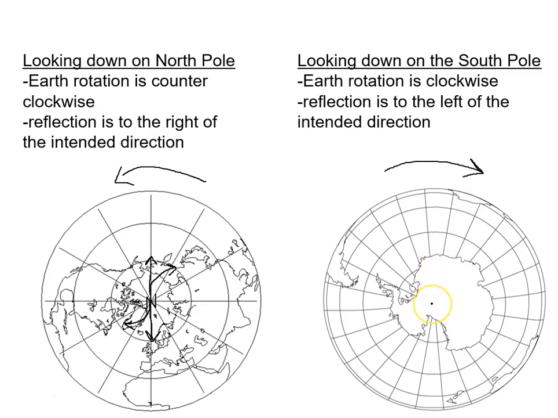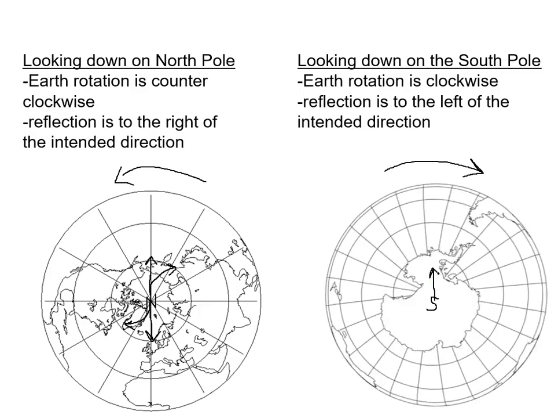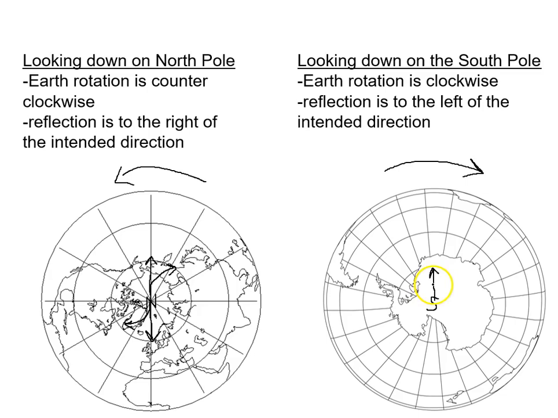Get another piece of paper, or write on the other side, and where the center is, put an S for South Pole. Again, draw an arrow straight from the South Pole to the equator. If you rotate your paper clockwise as you try to draw that arrow again, you should end up with an arrow that looks something like this.